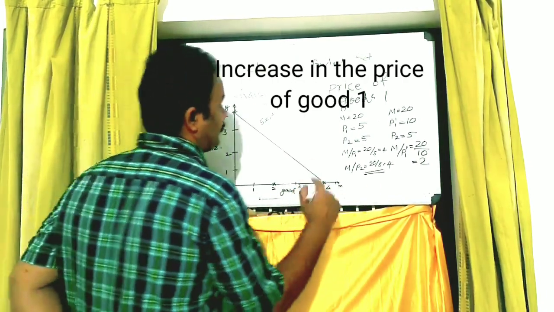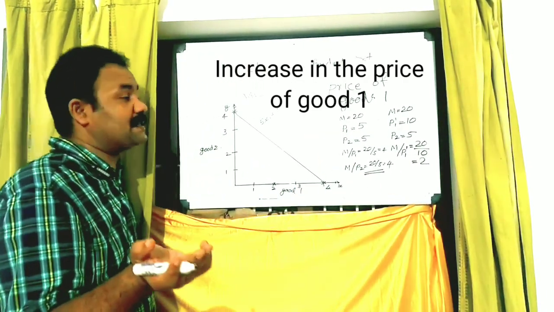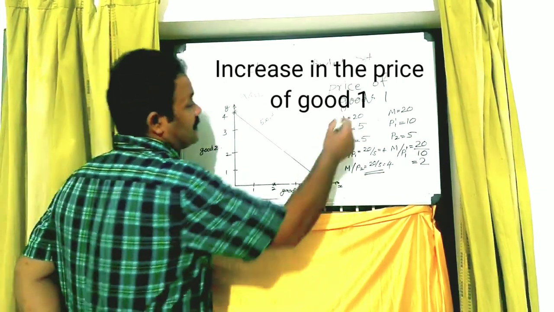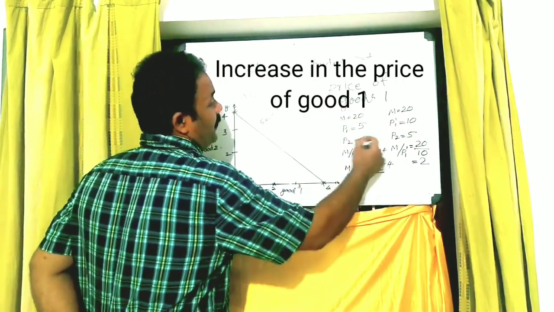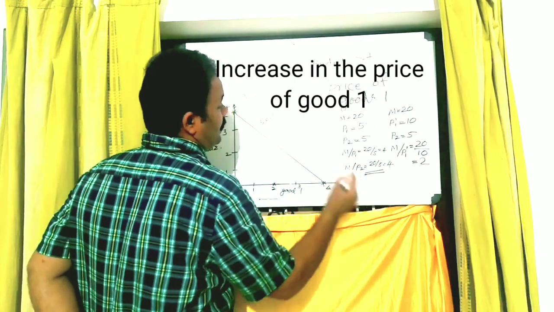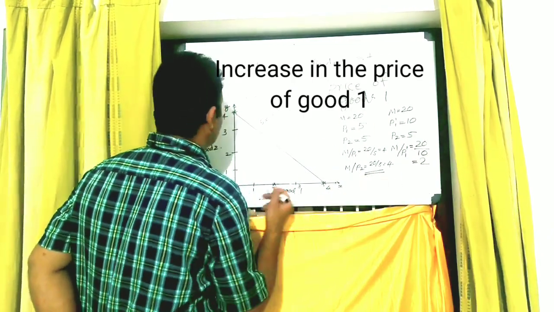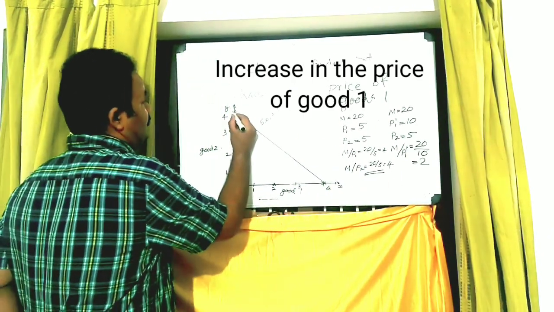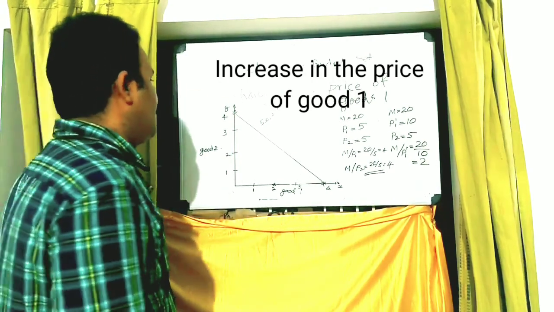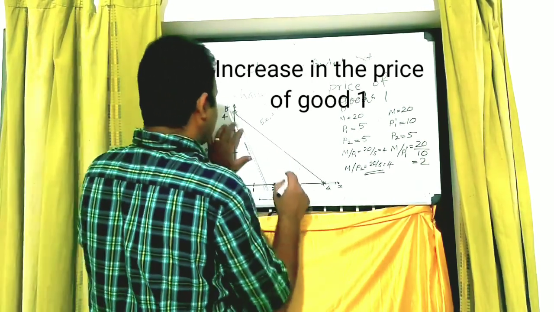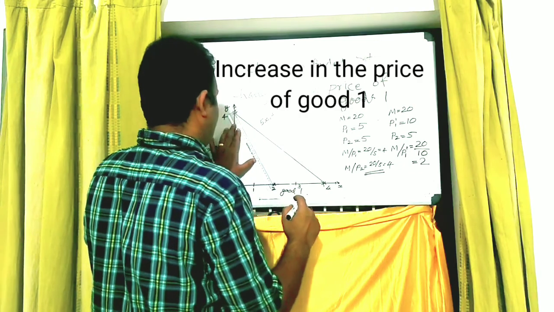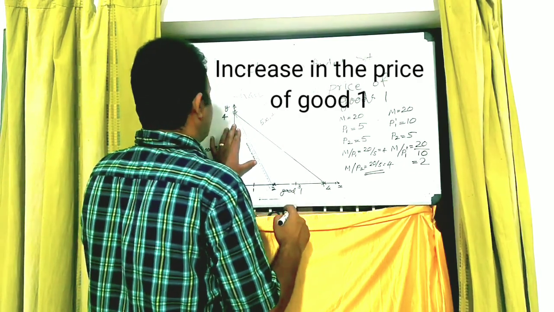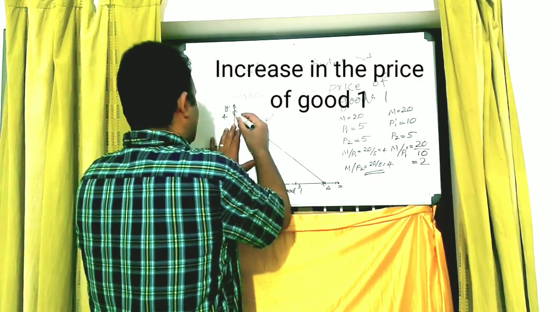Then vertical intercept, there is no change. Why? There is no change in M and the price of good 2. So 20 by 5, that is 4. The same point here. Then we can join these points, 2, 4.